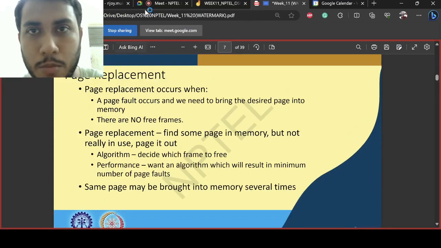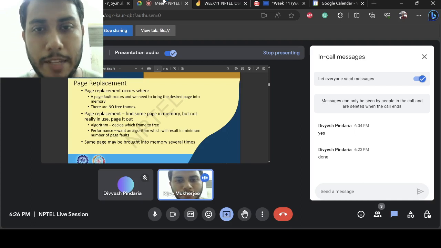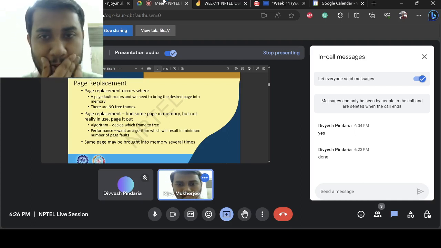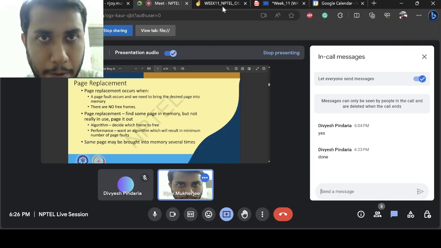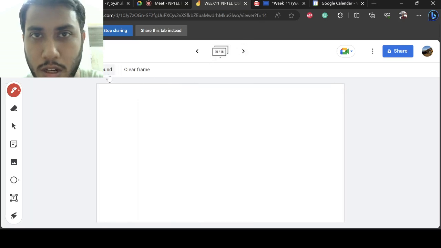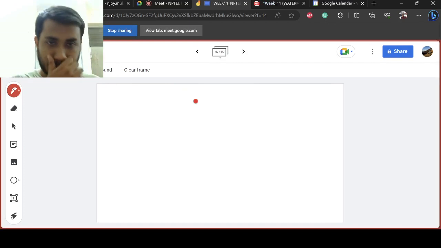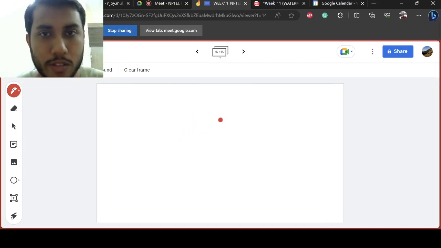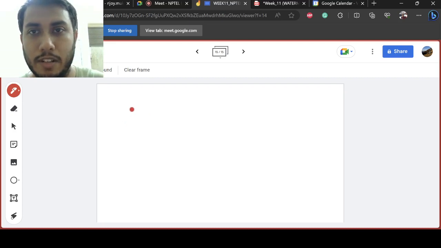Now we come to a very important topic, page replacement. So what do you mean by page replacement? So let's quickly come to this. What is limited?